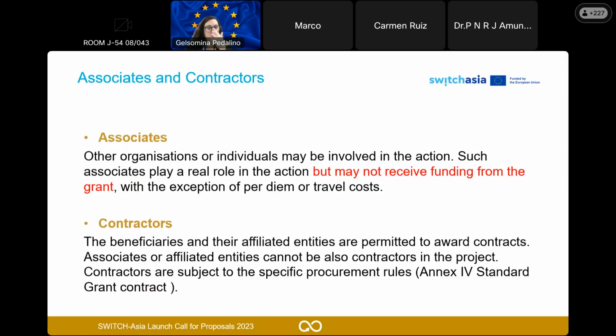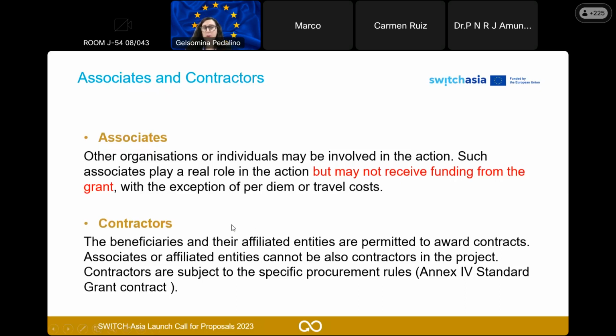Other members of a partnership can be associated entities, that are organizations involved in the action, or that have entered into a procurement contract with the applicant or delegates for public services for an applicant. The important point to underline here is that the costs that they incur are not covered by the project, with the exception of per diem or travel costs in case of attendance at international conferences or visibility events.